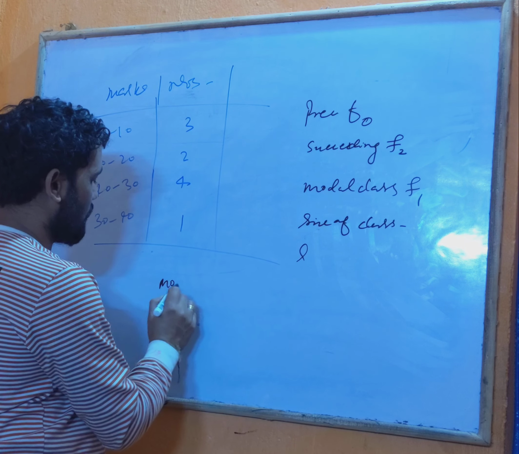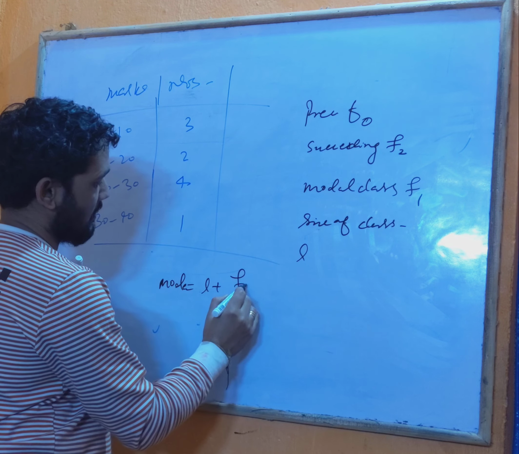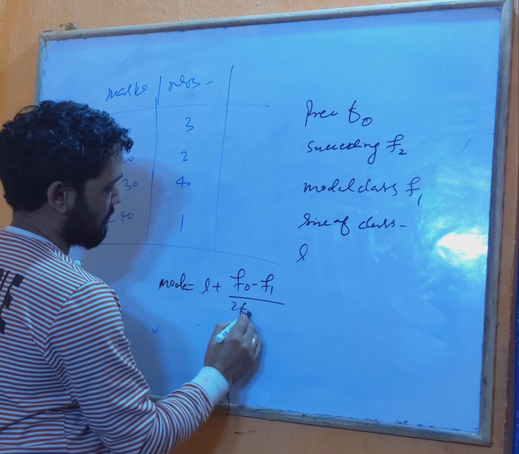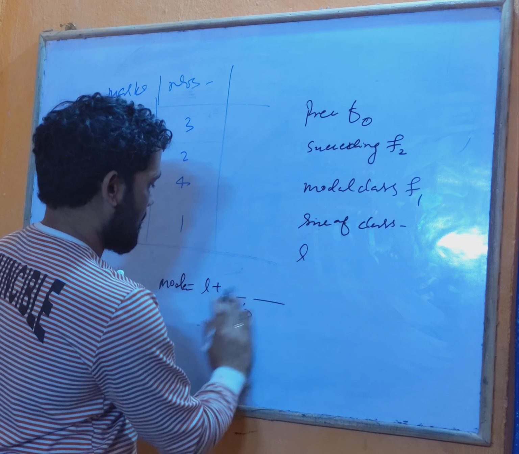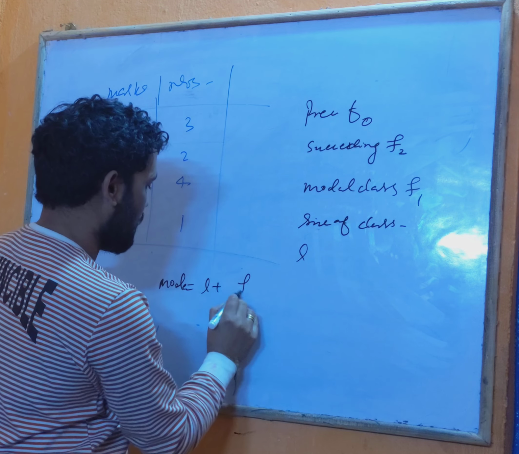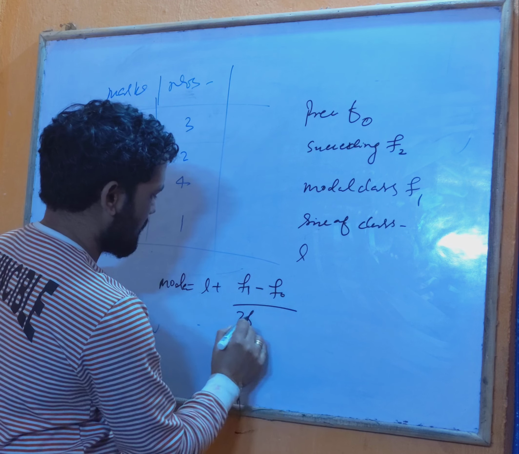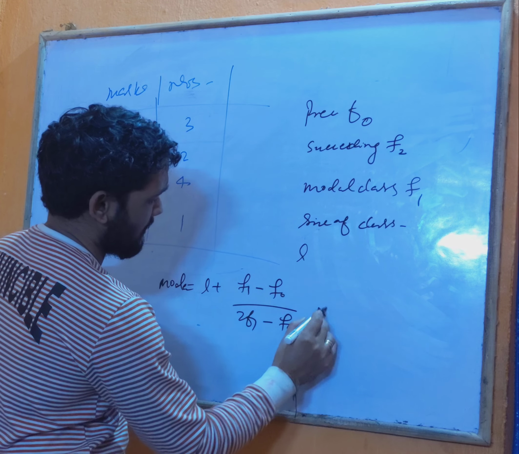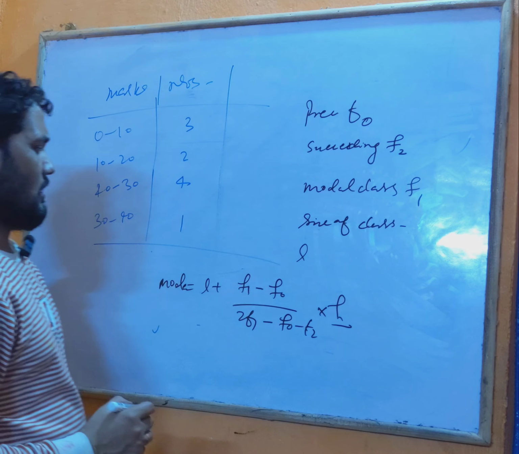So mode is equal to L plus f1 model class minus f naught preceding upon 2 times f1 model class minus f naught minus f2, multiplied by h, the length or size of the class.